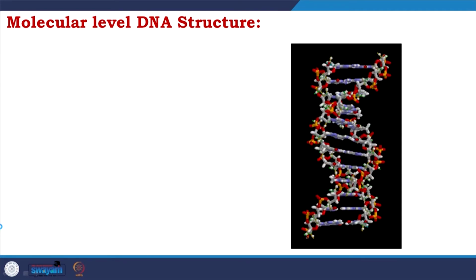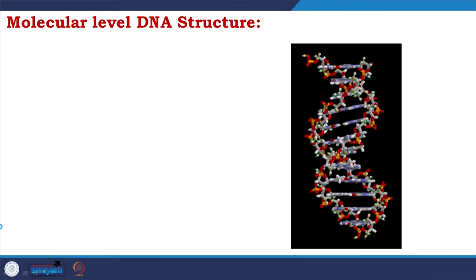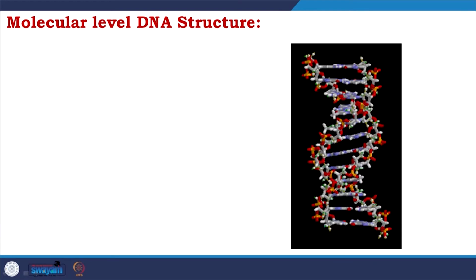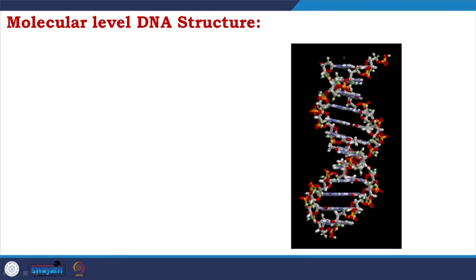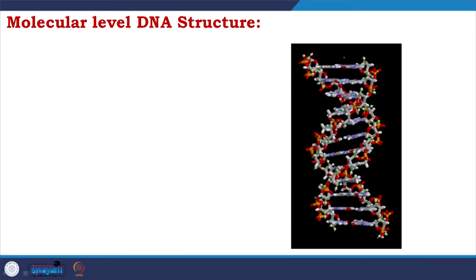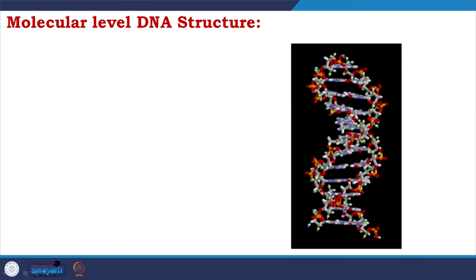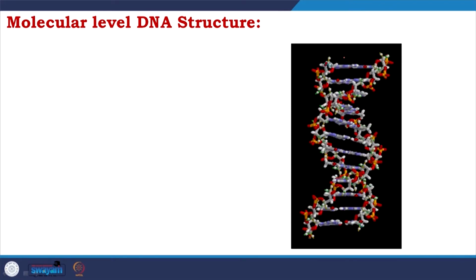This is a double stranded DNA. If you look here, you will see the red and yellow molecules, they are phosphate, the bases are hydrogen bonded and they are stacked in a way that the strand looks like there are stairs in between.